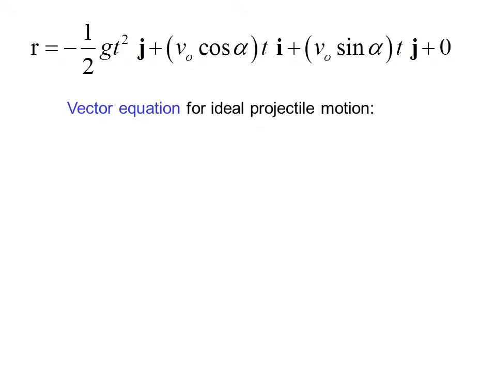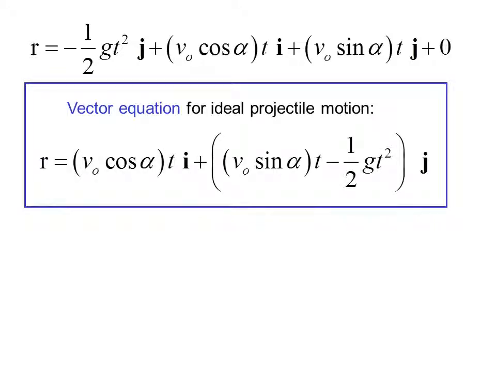The vector equation for ideal projectile motion then is r equals v sub 0 cosine alpha ti plus v sub 0 sine alpha t minus 1/2 gt squared j.